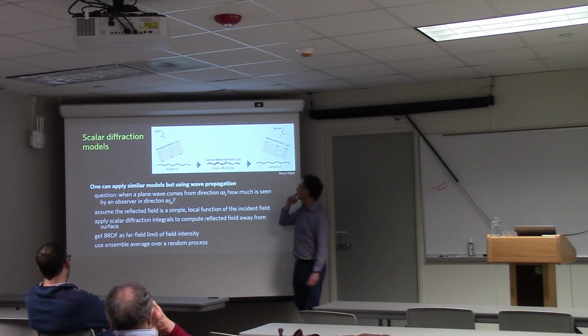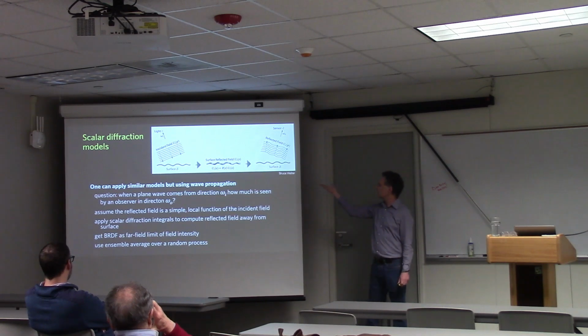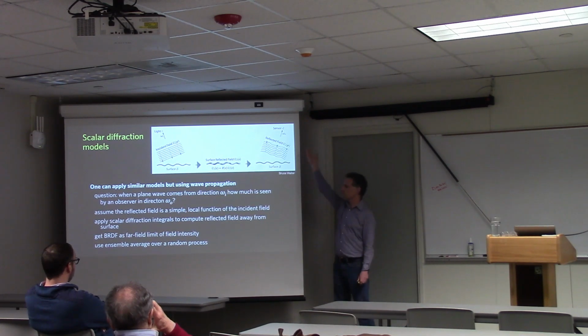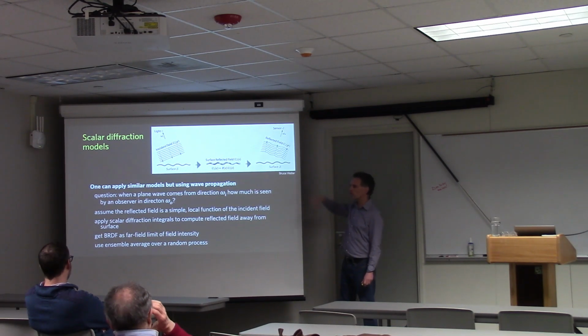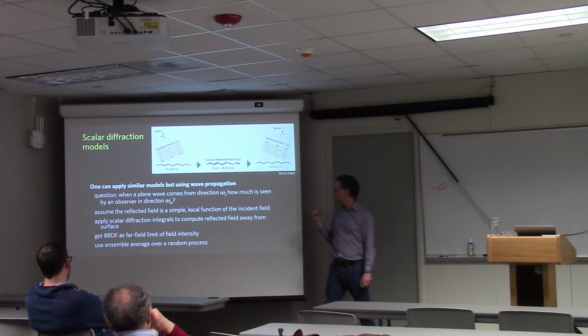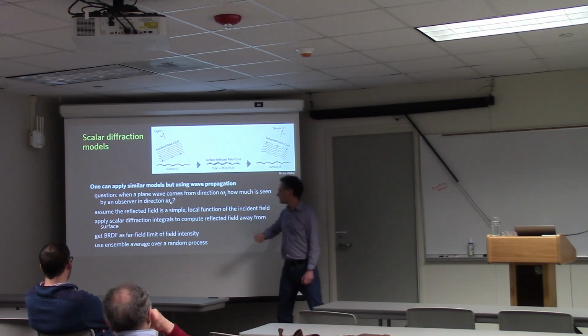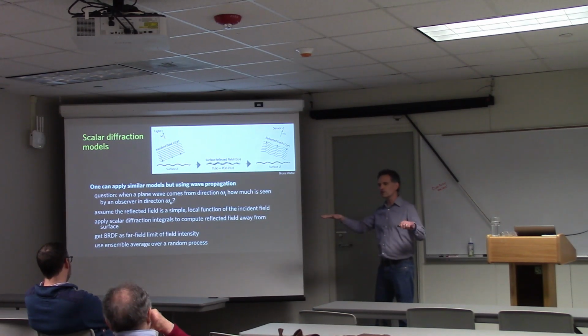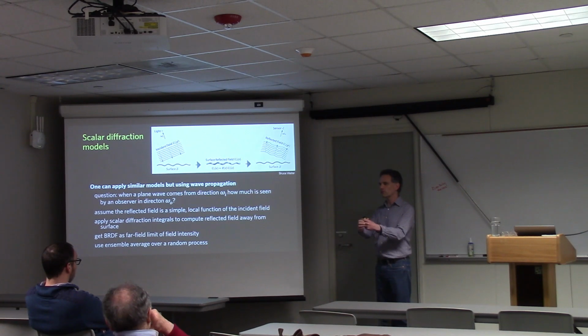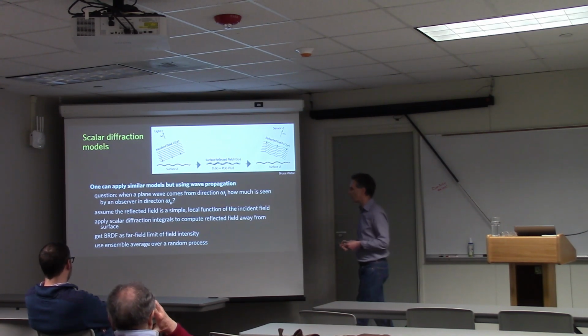And in particular for a BRDF, I'm interested in sort of in the limit far away in some direction. What is the field intensity? And so these models generally are set up to average over some random process so that the answer they give you is not for some very specific little chunk of material, what is its scattering behavior, but averaged over some random process that will generate as many examples as you want.